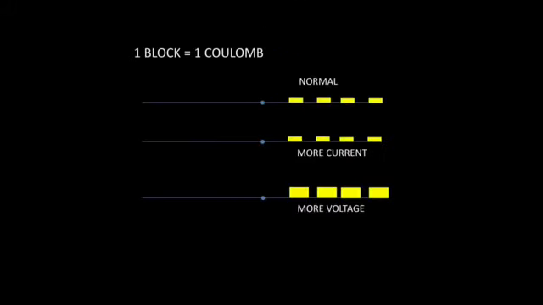Yeah, so just so that you can get another sense of how current and voltage change things, let's see these 4 coulombs pass a single point in the circuit. That's normal. They have normal, let's say, buffness, and they have normal speed. Let's look at the second one with more current.